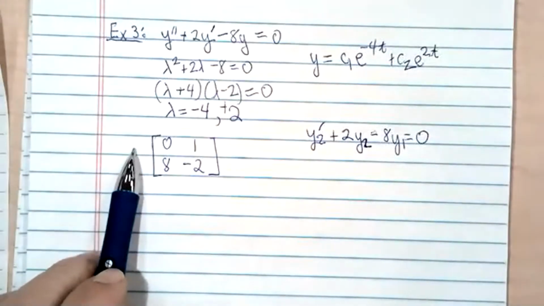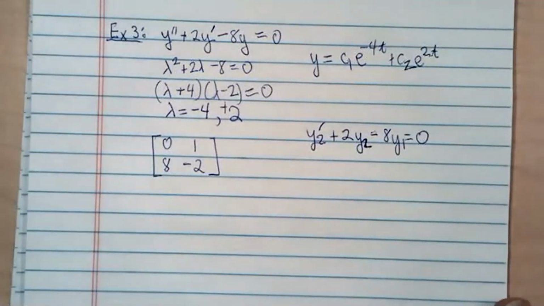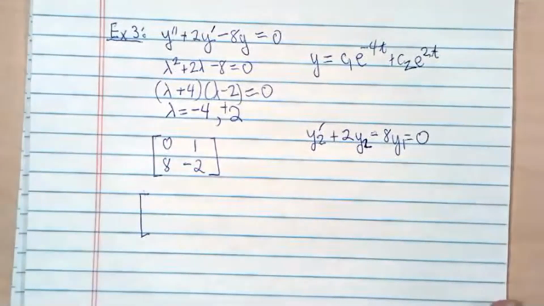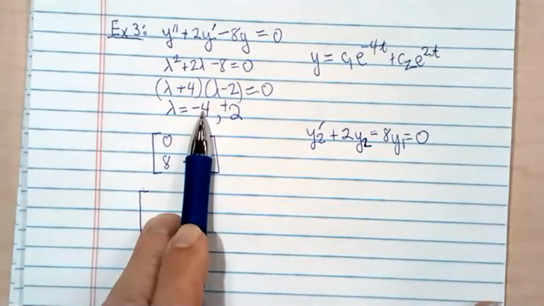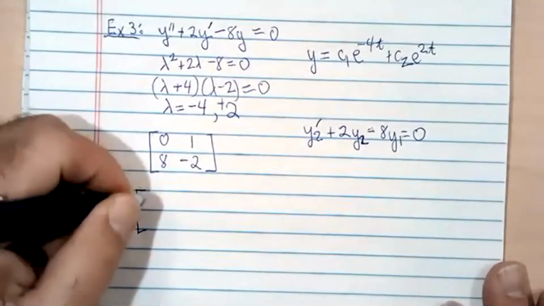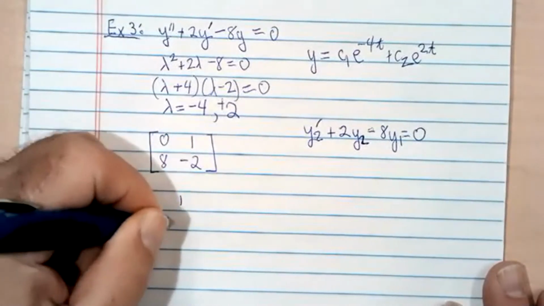This says that y1 prime equals y2. So there's our matrix, and we are interested in eigenvectors that come from adding 4 down the main diagonal or subtracting 2 down the main diagonal. So if I add 4, I get 4, 1, 8, 2.